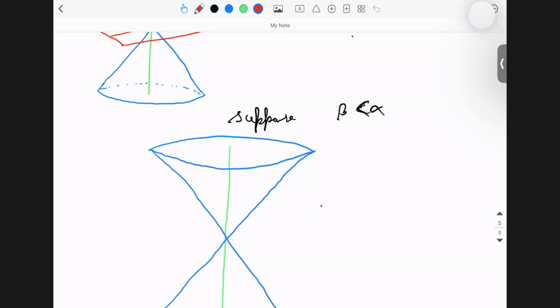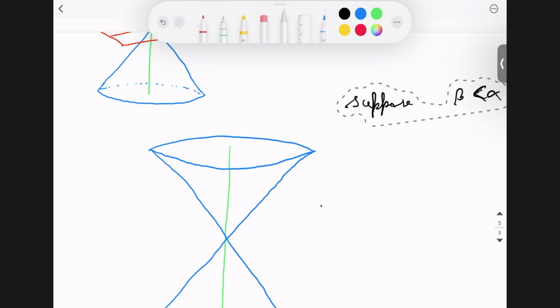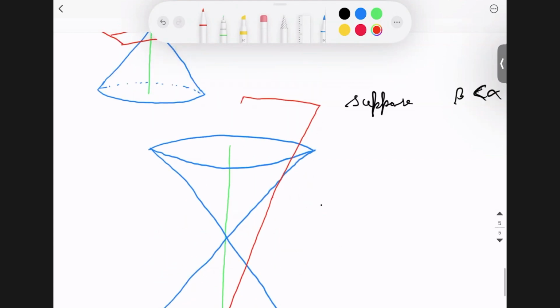So let's wait. The plane will be something like this, passing through the vertex.